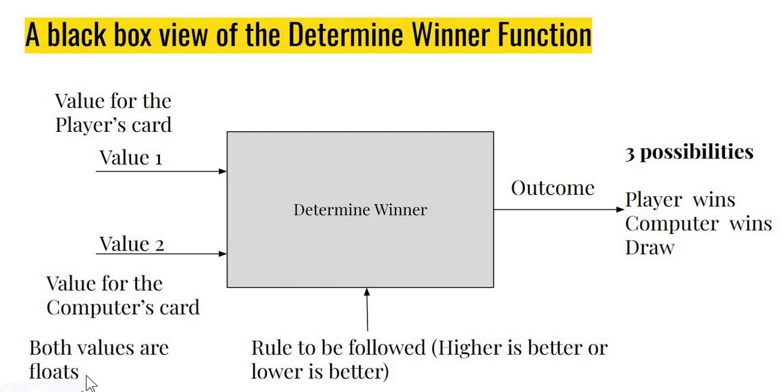We will also give an argument to this function which tells us what rule is to be followed: higher is better or lower is better. And this function will create an outcome. The outcome will be simple, with three possibilities: either the player wins, or the computer wins, or there is a draw. No matter what rule is being followed, if the two values end up equal, then clearly there is a draw.